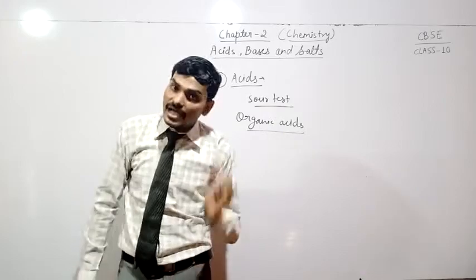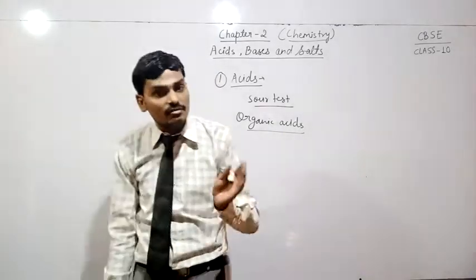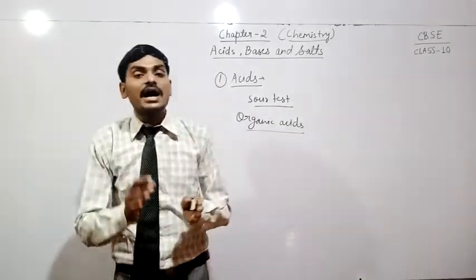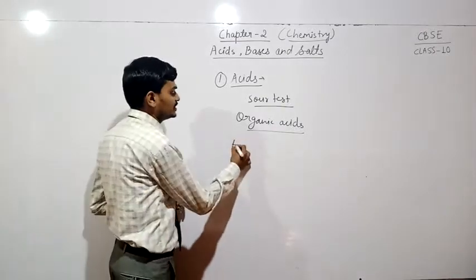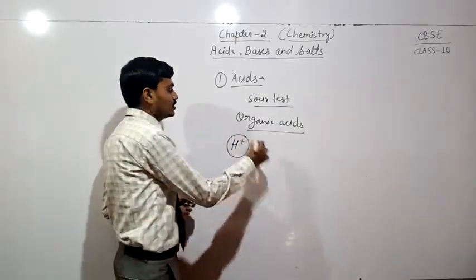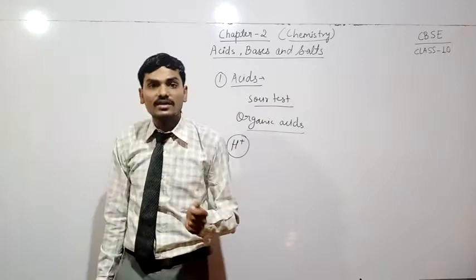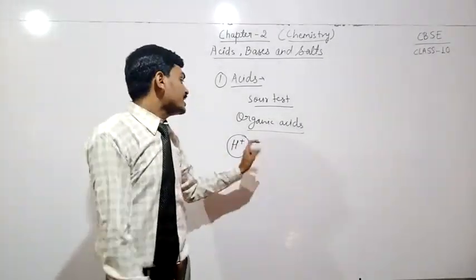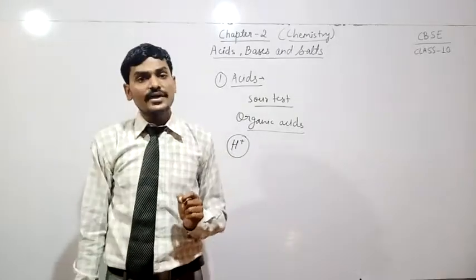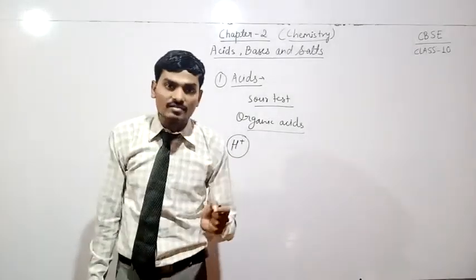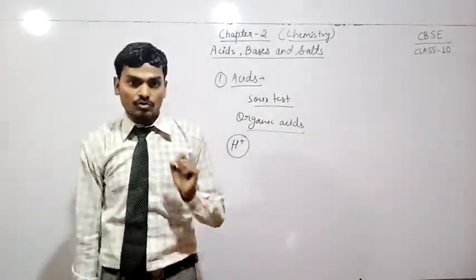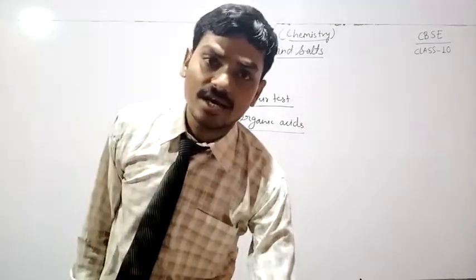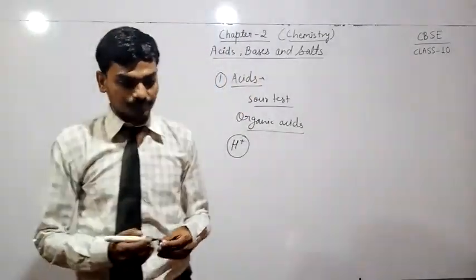That is, ऐसे केमिकल सब्सटेंसेस जो एक्वस सॉल्यूशन में हाइड्रोजन आयन, दैट इज H plus देते हो, तो ऐसे सभी केमिकल कंपाउंड्स को हम एसिड बोलेंगे. The acids are those substances which give H plus ion in the aqueous solution.